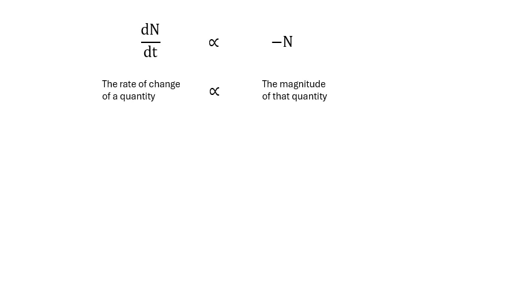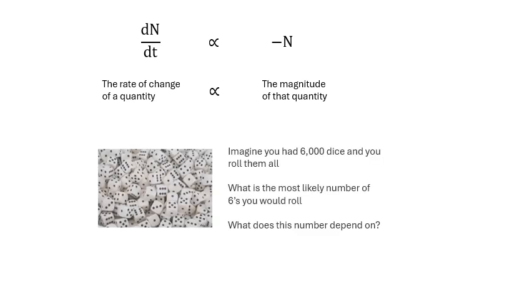Okay, the rate of change of a quantity is proportional to the magnitude of that quantity. That's an exponential decay. This might help you to get your head around that. Imagine you've got 6,000 dice, or is it 6,000 die? I don't know. And you roll them all. Now, what is the most likely number of sixes that you would roll?